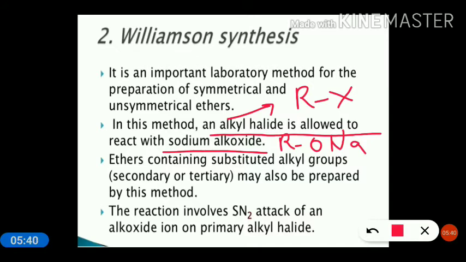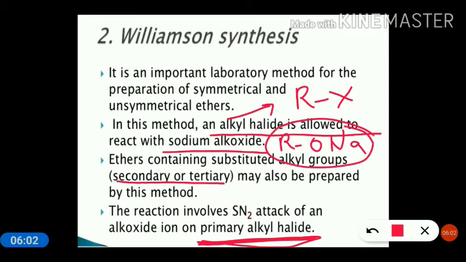Ethers containing substituted alkyl groups, meaning 2 degree or 3 degree, can also be prepared by this method, and the reaction involves SN2 attack of the alkoxide ion on the primary alkyl halide. Please keep this in your mind: primary alkyl halide should be there.